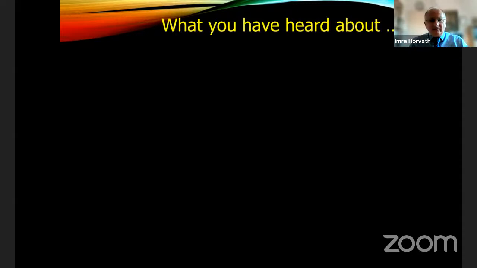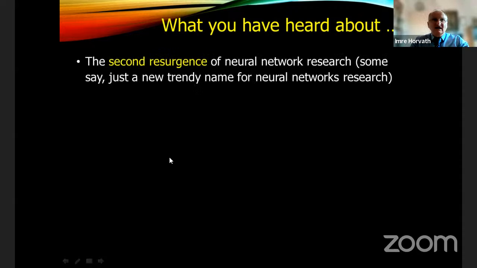Namely, the purpose is to call your attention that you have to be aware of several technical issues related to deep learning, and that will be summarized in the follow-up slide.